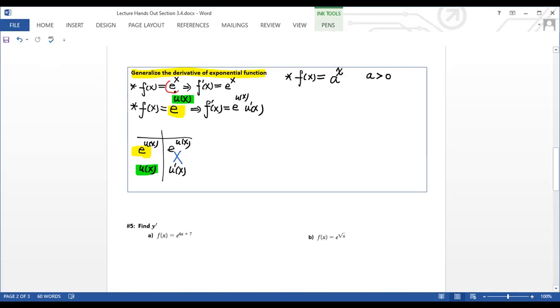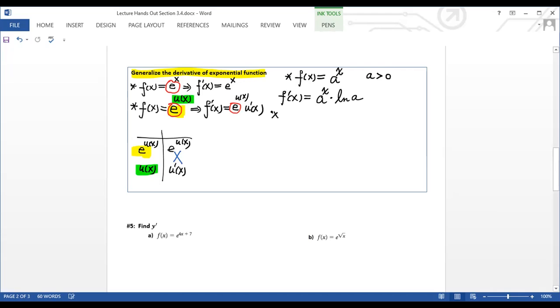For the formula we did before, my base is a very special base, e, which is about 2.718. So what if I have any other base? The formula for f prime of x is similar to before: it will be a to the x, and I need to adjust the constants, so I need to multiply by the natural log of a.